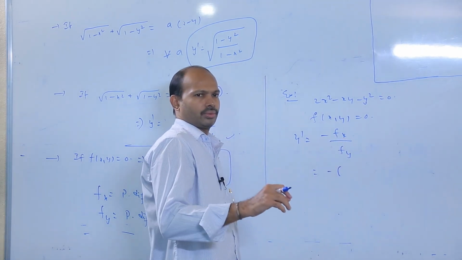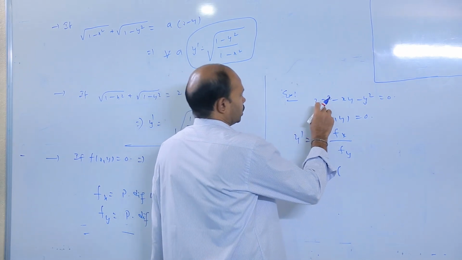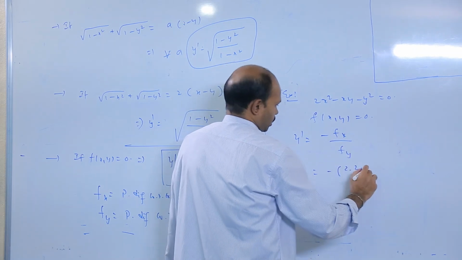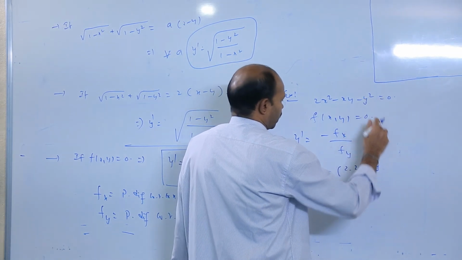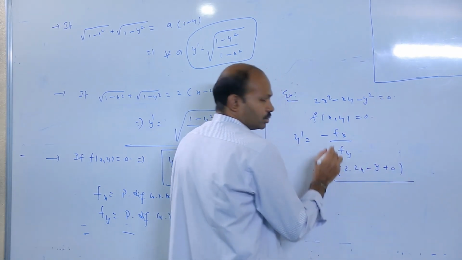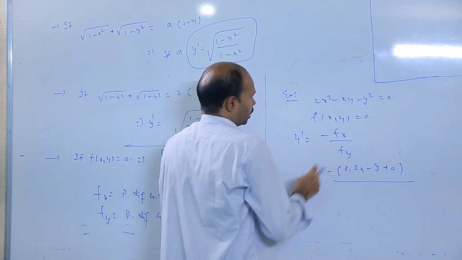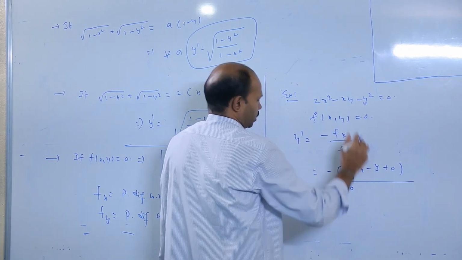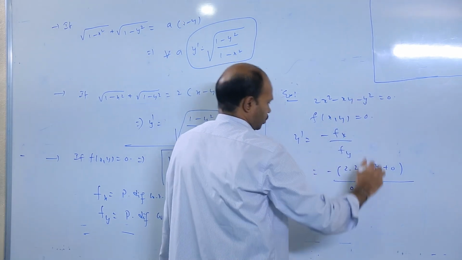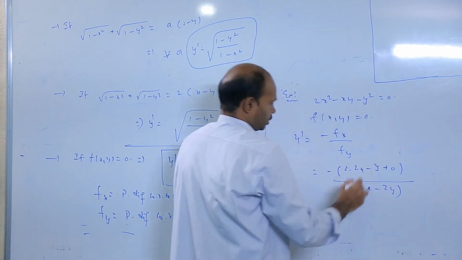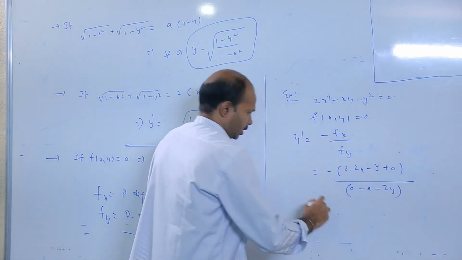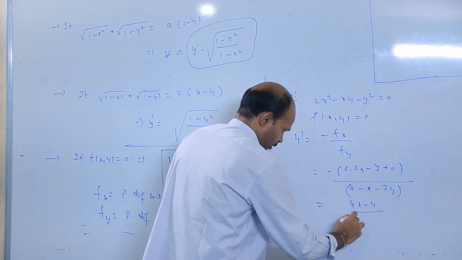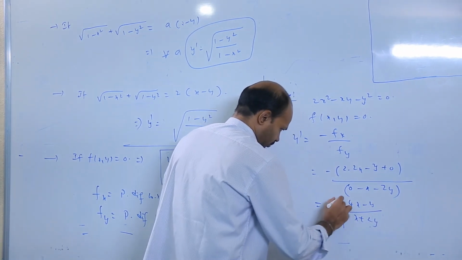The derivative of f with x only: 2 into 2x, the derivative with respect to x of minus 1 into y, y is a constant, so 0. See the denominator fy, only with respect to y: pure x is 0, y derivative is 1, so minus x. Y square derivative gives minus 2y. With some simplification, minus minus cancels, giving 4x minus y by x plus 2y.